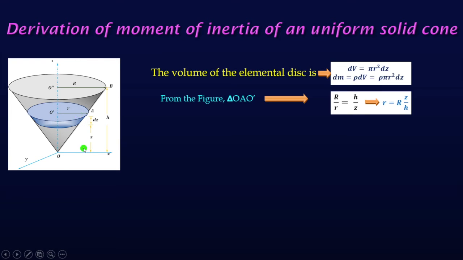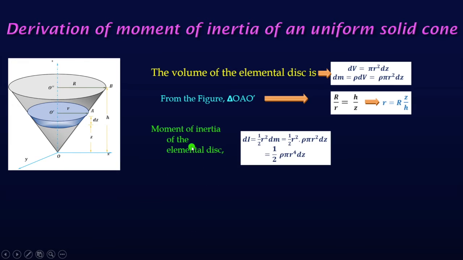This height equals z and this height equals h. So r by R equals z by h. So from here r equals capital R z by h. So we are using the similar triangle rule. This is one triangle, this is another triangle.